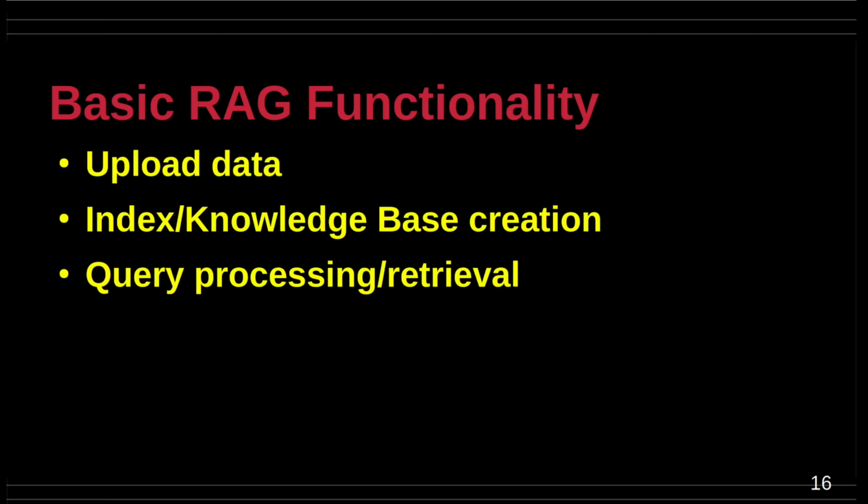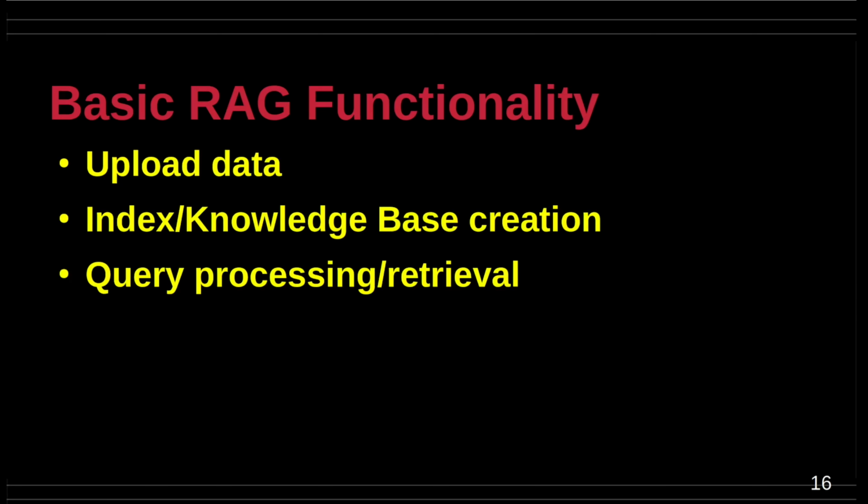And then similarity search, where we perform a search in the vector database to find the most relevant text chunks based on the similarity between their vectors and the query vectors. Finally, context retrieval, fetching the original text of the retrieved chunks.